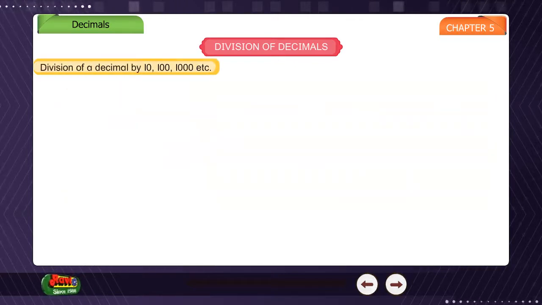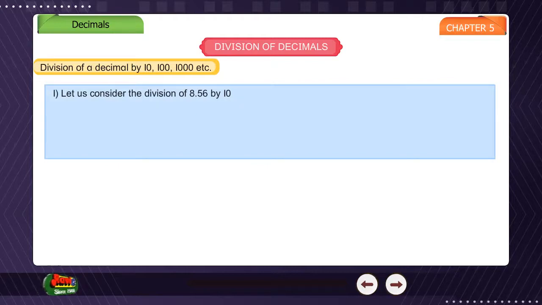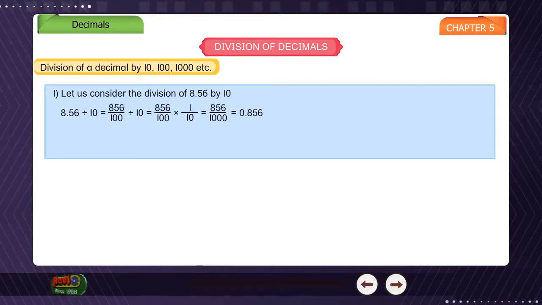Division of a decimal by 10, 100, 1000, etc. 1. Let us consider the division of 8.56 by 10. 8.56 divided by 10 is equal to 856 by 100 divided by 10, which is equal to 856 by 100 into 1 by 10, which is equal to 856 by 1000, which is equal to 0.856.